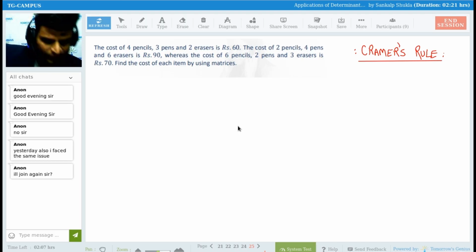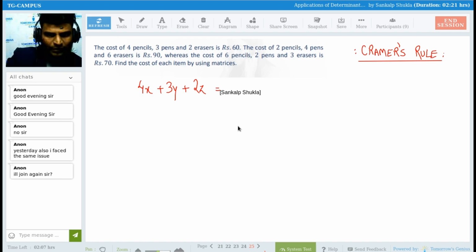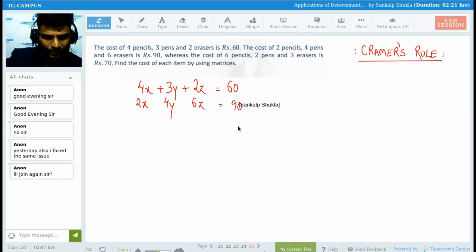In school probably. First of all, we'll quickly form the equations, and this thing I have already mentioned in the previous lecture also, like 4 pencil, 3 pen and 2 eraser. I'm not explaining how to form equations because that part we have already covered, right? So 4 pencil, that is 4x, 3y and 2z is 60. Second equation is 2x, 4y and 6z is 90.